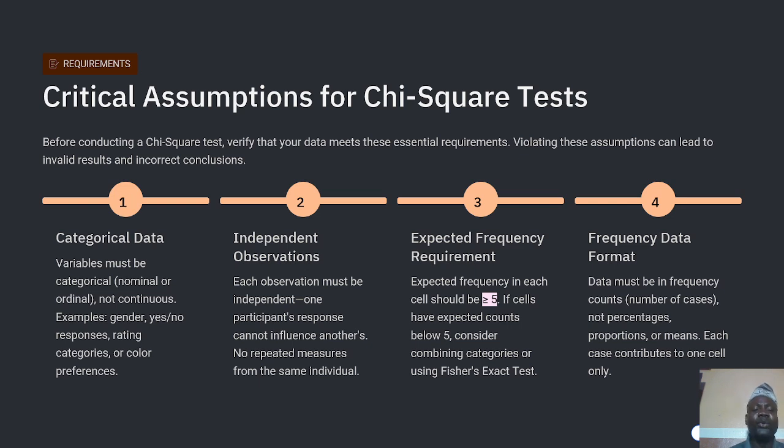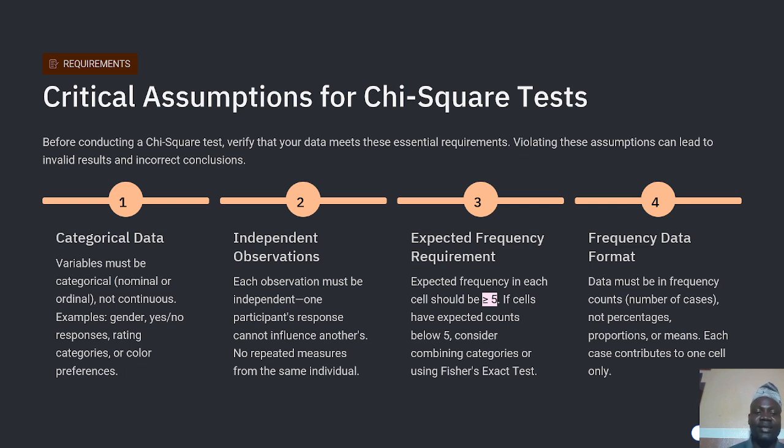So when we are doing chi-square analysis, there are some assumptions that we must not violate. Number one, the variables, whether you are using the test of independence or goodness of fit, must all be categorical. No continuous variable is expected. So we can have gender, yes or no responses, written categories, color preferences.